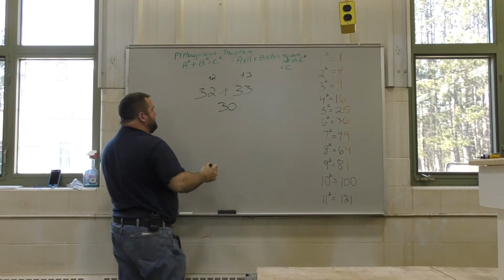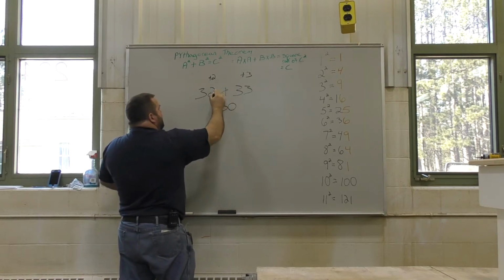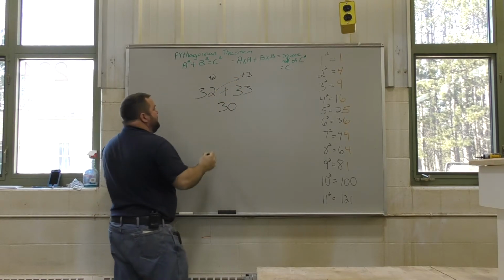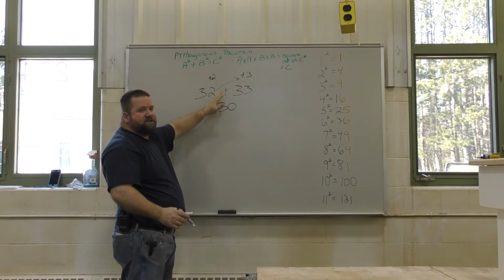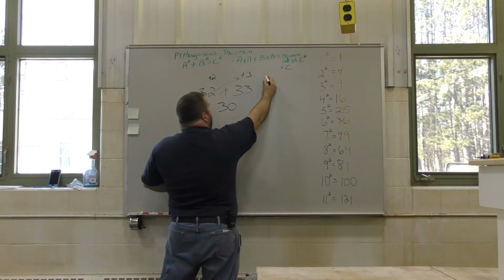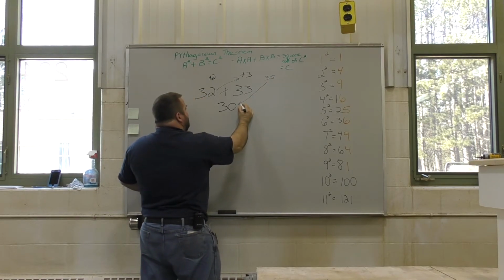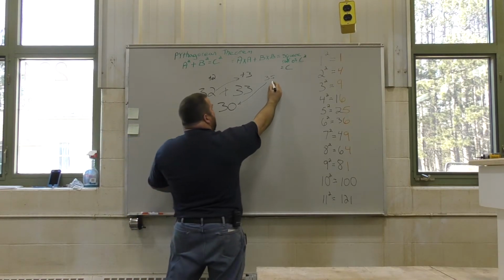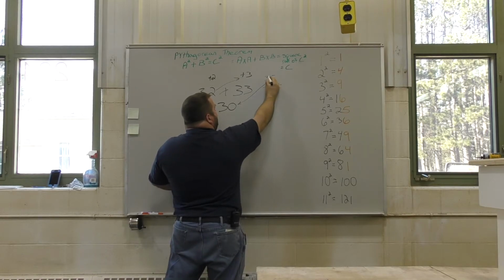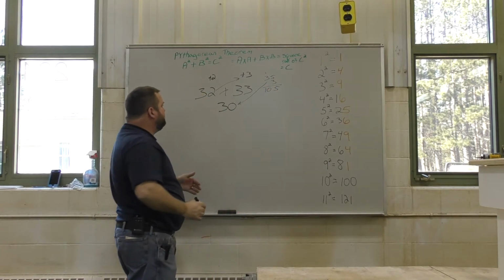And now we do the exact same thing again. We add diagonally. 32 plus 3 is 35, or 33 plus 2 is 35. So now we have 35. But now we're multiplying it this time by 30, or you can just multiply it by 3. 35 times 3 is 105.